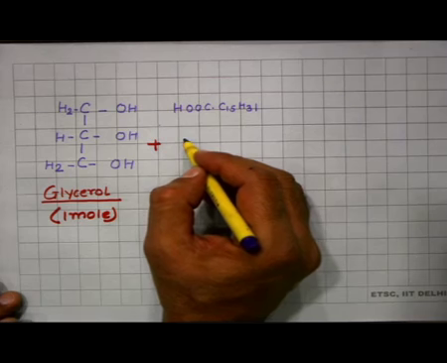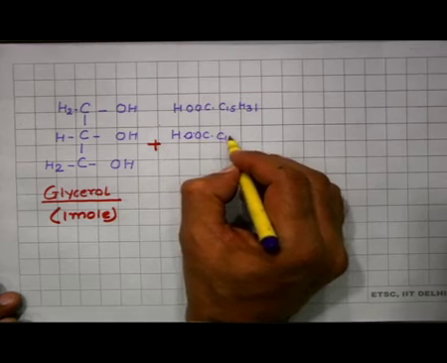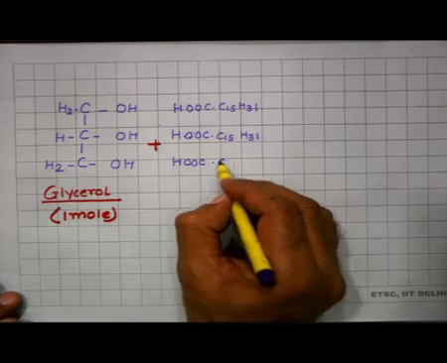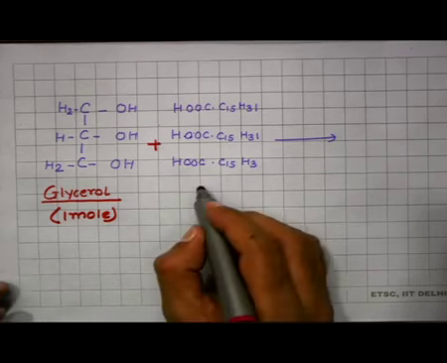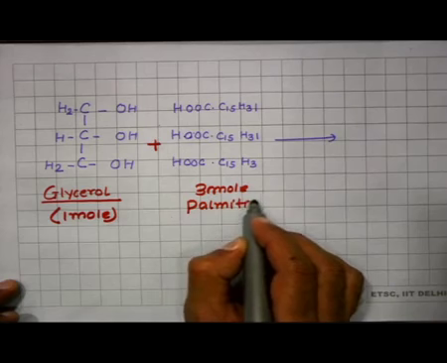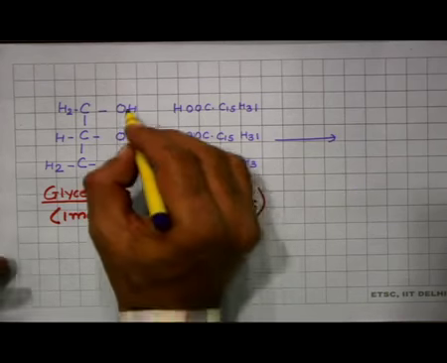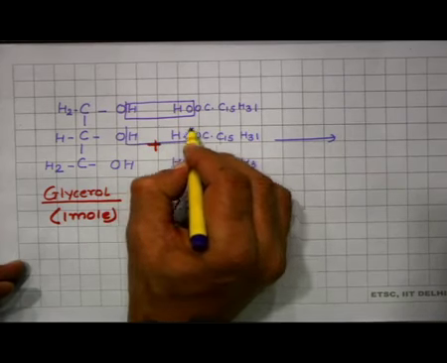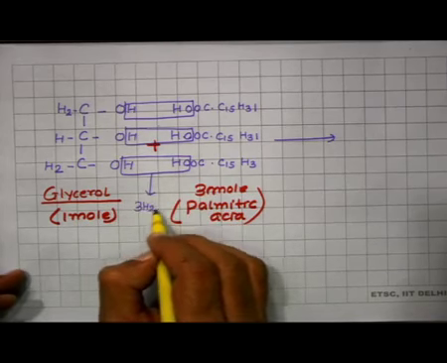When 3 molecules of palmitic acid, 3 moles of palmitic acid, combine with 1 mole of glycerol, 1 hydrogen combines with the OH group and releases 3 water molecules.